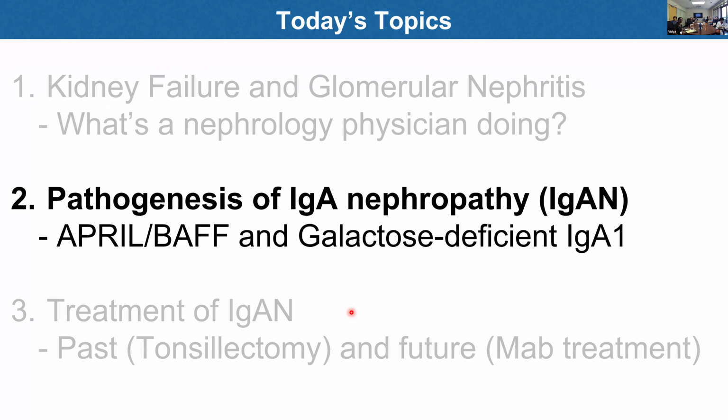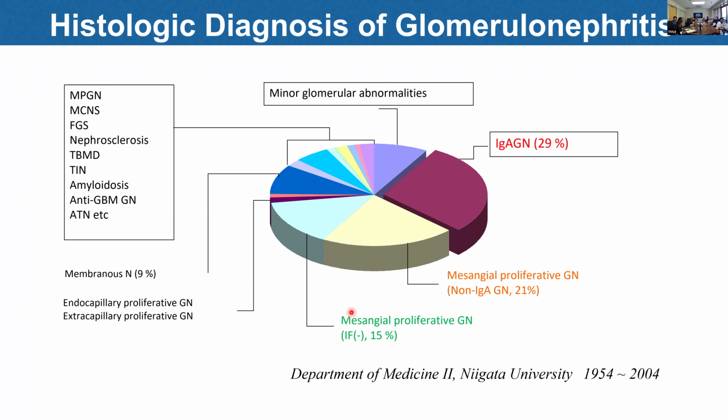So the next topic is the pathogenesis of IgA nephropathy, IgAN. Here is data for the histologic diagnosis of glomerulonephritis by kidney biopsy in the department at Niigata University, where I grew up in Japan.